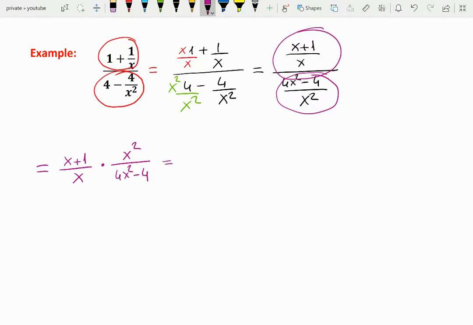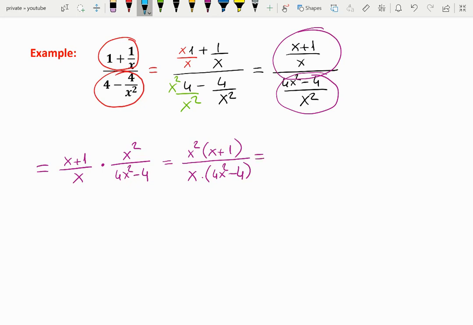Now I can do my operation. x squared, x plus 1, over x times 4x squared minus 4.